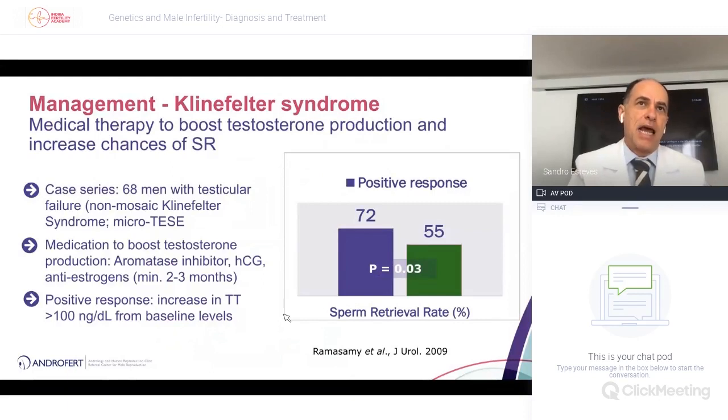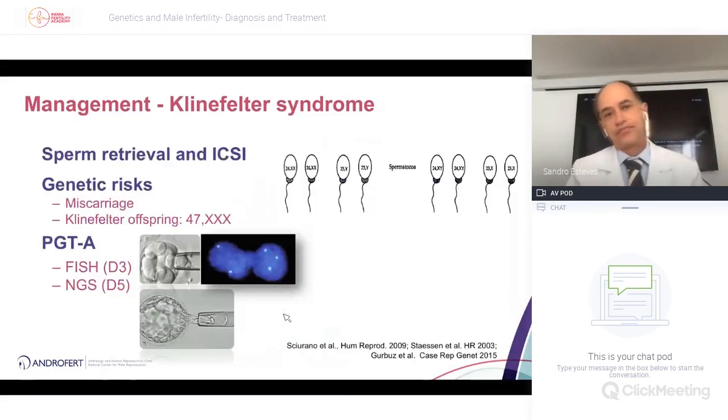For instance, if the baseline level of the patient is 150, and after medical therapy the testosterone goes to 300, these patients will theoretically have a higher chance of having sperm found on sperm retrieval.